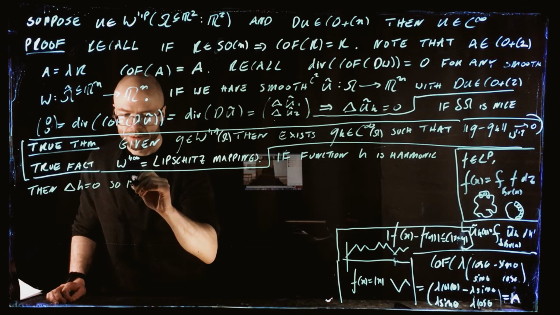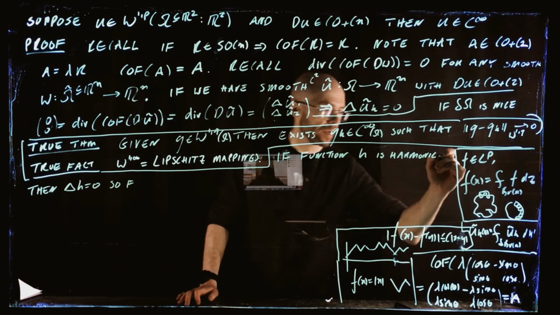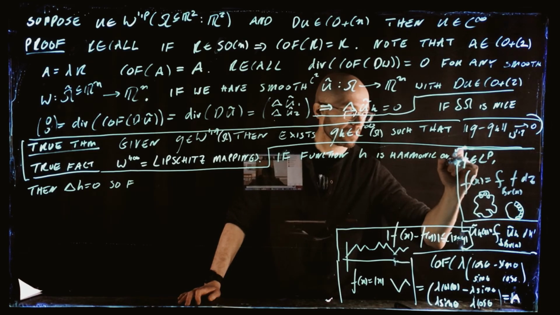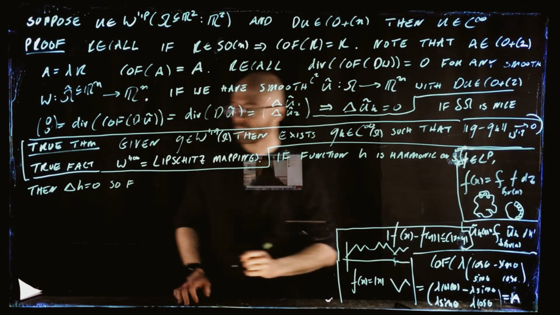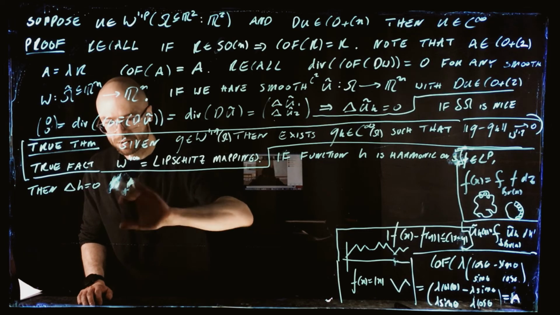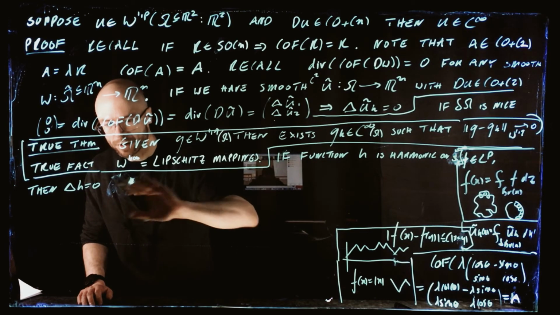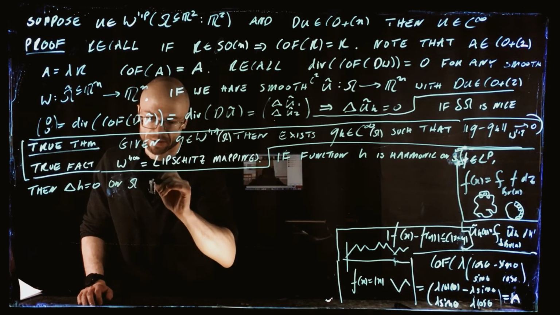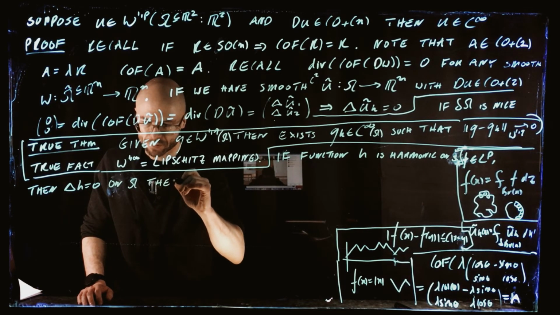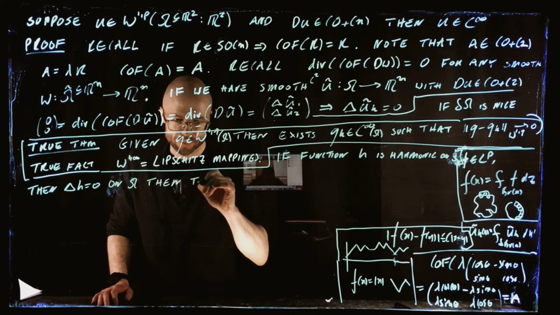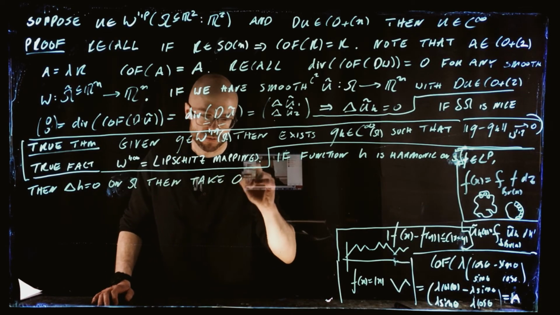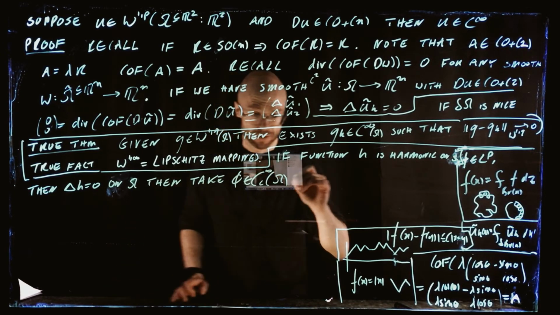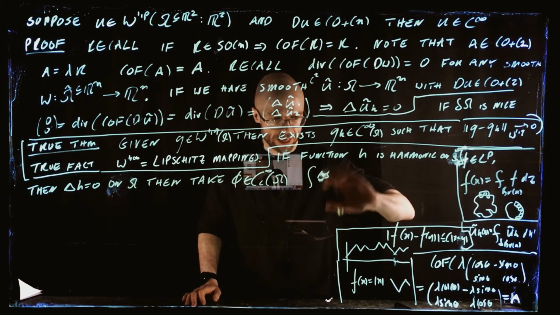So if it's harmonic on omega, again, omega will be something with nice boundary, then take phi, which is compactly supported in this, which is C infinity. Then it's obviously true that we have this.